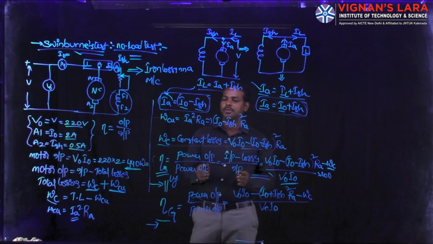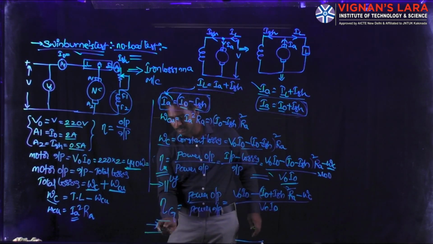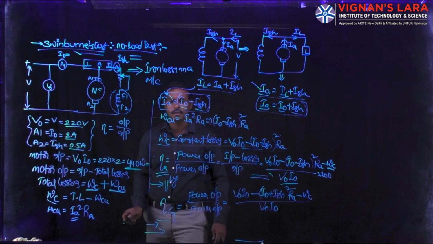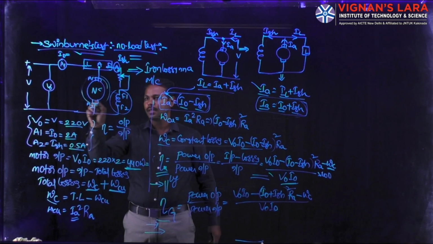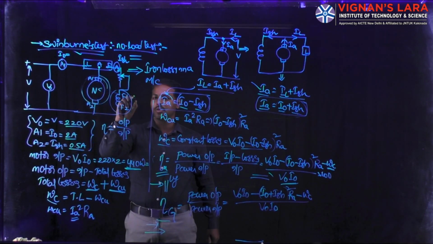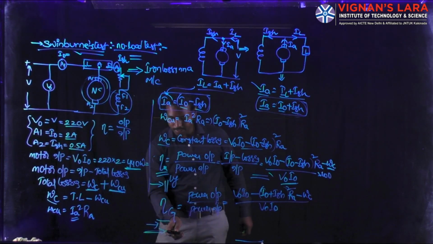Those values are not accurate. That is the major disadvantage of the Swinburne test, because this is an indirect method.